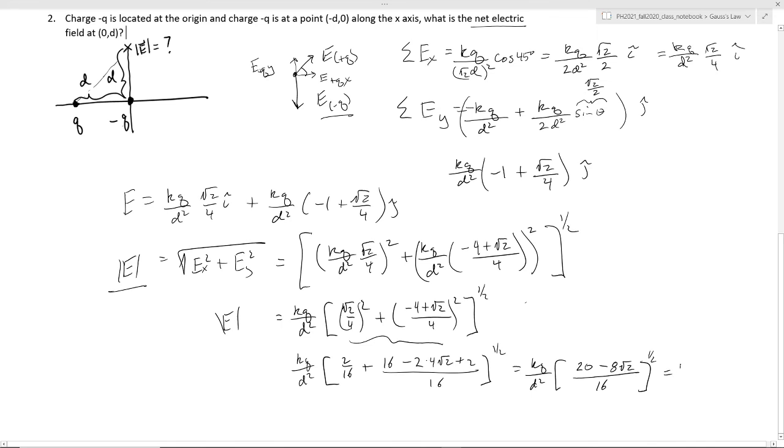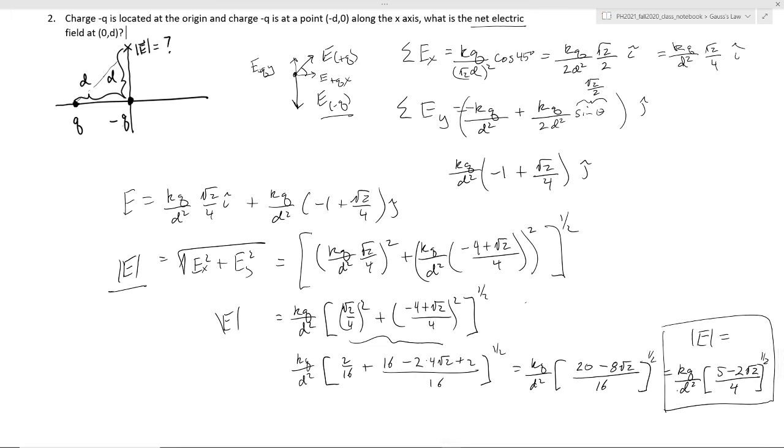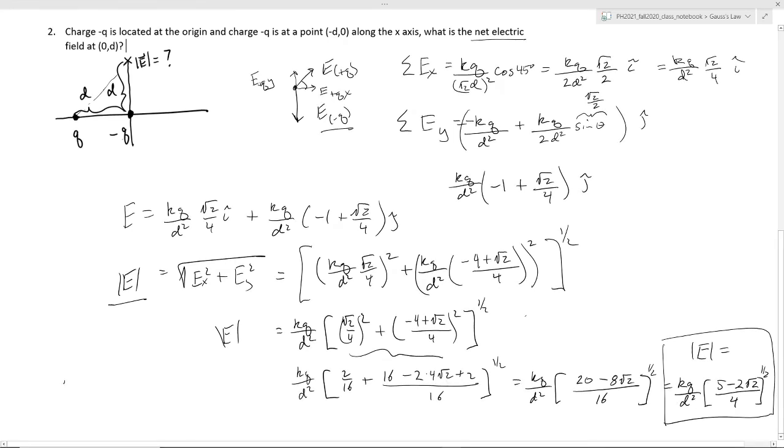So actually this would boil down to a pretty concise, just 5 minus 2 root 2 over 4 square root. So that would be a more concise way of stating the electric field magnitude. And you could actually evaluate that, find a number. So that's basically what I was getting at.